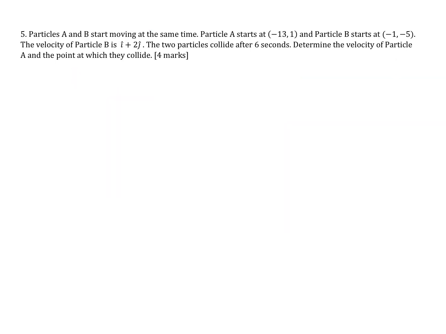Okay, next question. Two particles A and B start moving at the same time. Particle A starts at (-13, 1), particle B starts at (-1, -5). I'm going to start here by writing something about their positions: the position of A equals, and the position of B equals.